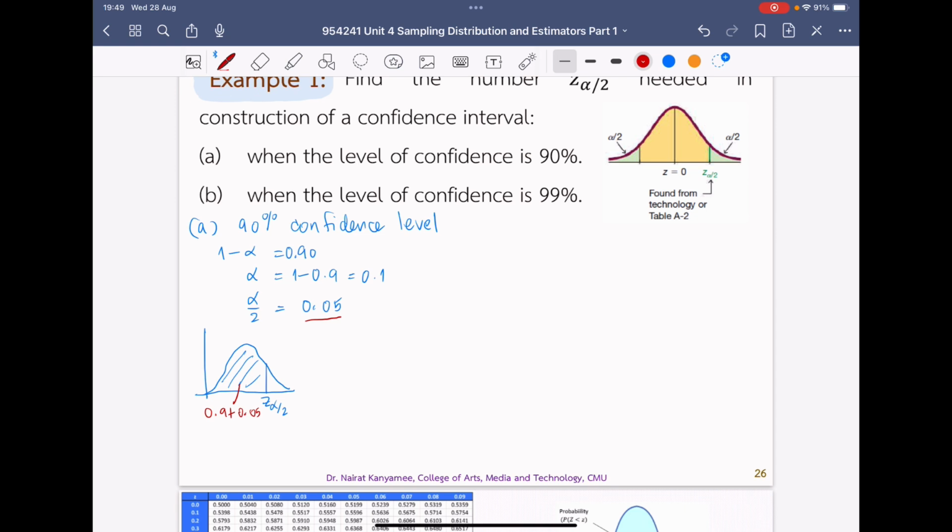Because the middle piece is 0.9 and the left tail is alpha over 2, which is 0.05. So you need to add these two pieces, the yellow and the green one, which gives you 0.9 plus 0.05, which is 0.95.